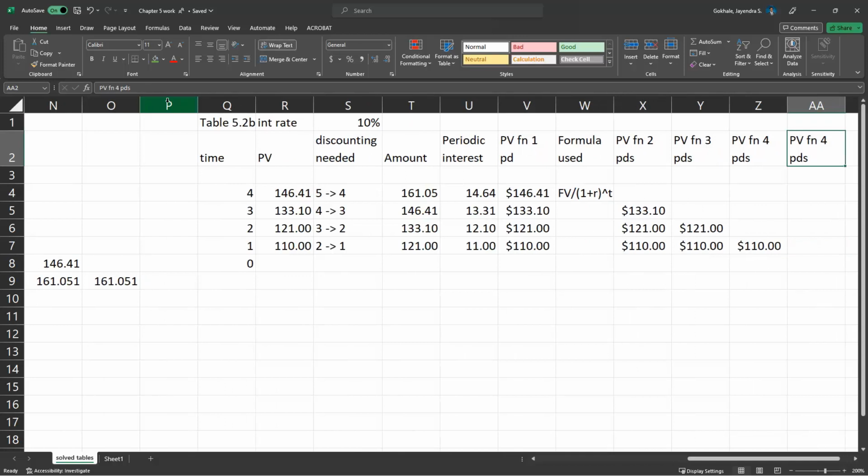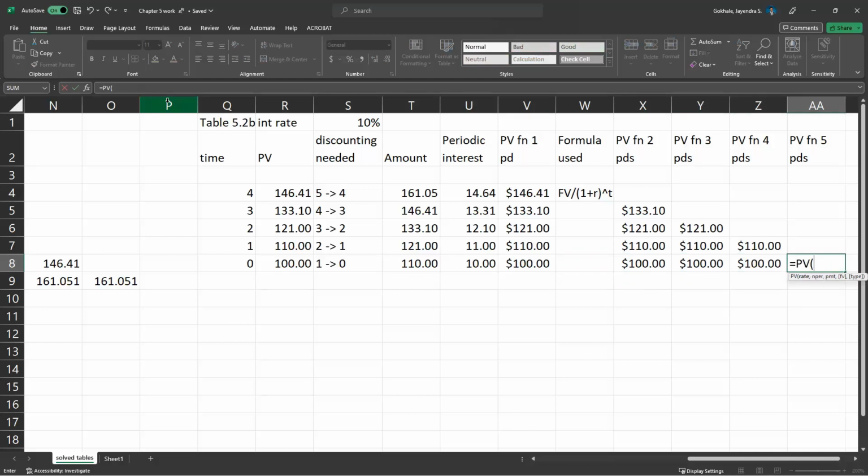Now 5 periods. This is the last. So this is 1 to 0, 110 to 100. Interest is $10. Using the PV function, 100, 100, 100, 100, and then use the formula equals PV.